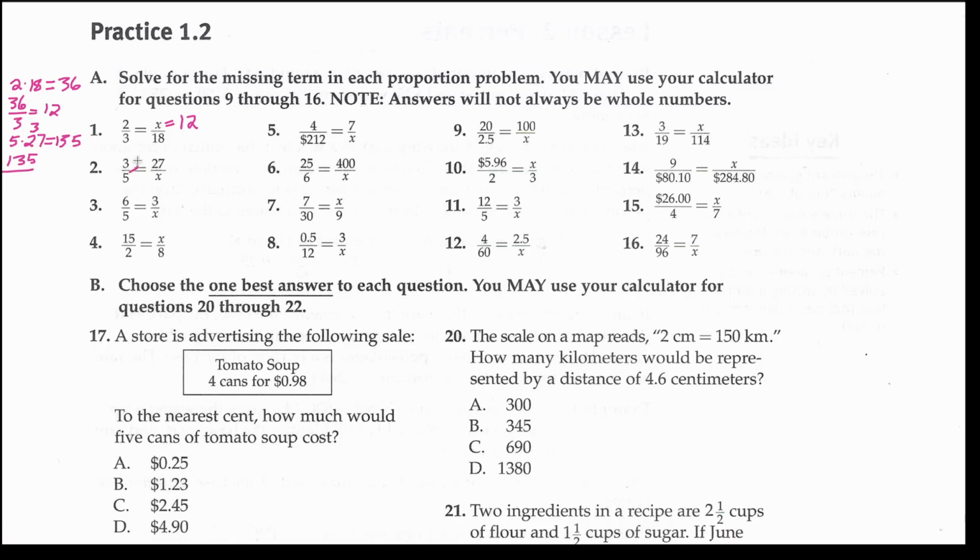Okay, let's see what that gives us. So put a 3 here, and let's do a division. 3 goes into 135.